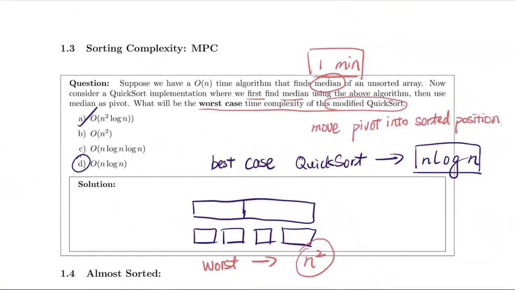This question is kind of tricky. I got it from an interview question. So A is also correct if you take into account finding a median.